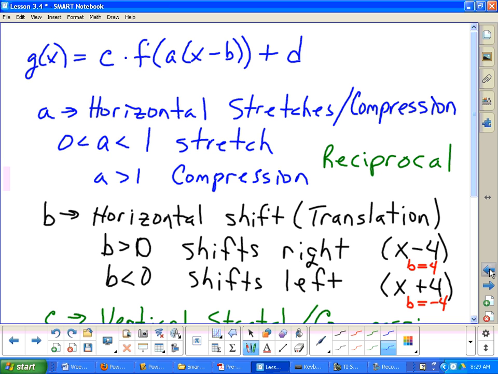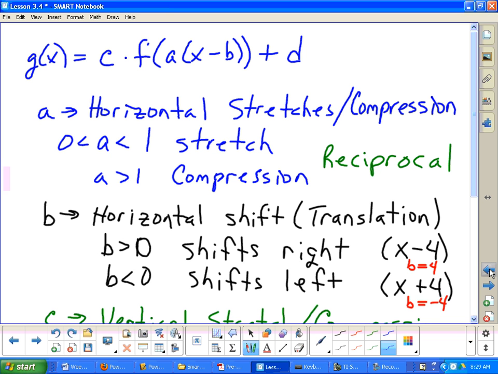A, B, C, and D. And A, B, C, and D have a specific order for a specific purpose. Notice where A, B, C, and D are. Inside the parentheses here, horizontally, I have A and B, because things happen horizontally first before they happen vertically. So the actual order that a combination is going to happen is going to be A first, then B, then C, and then D.